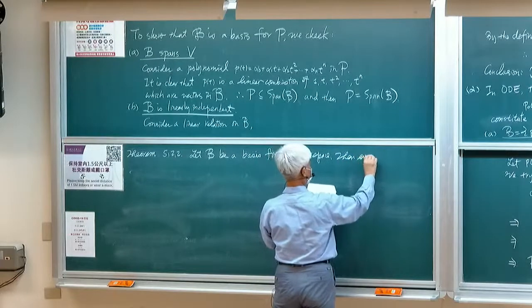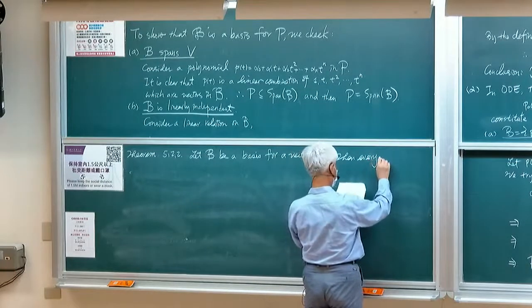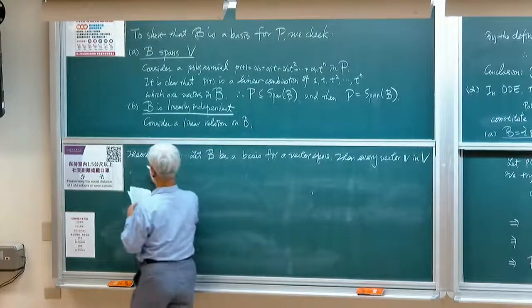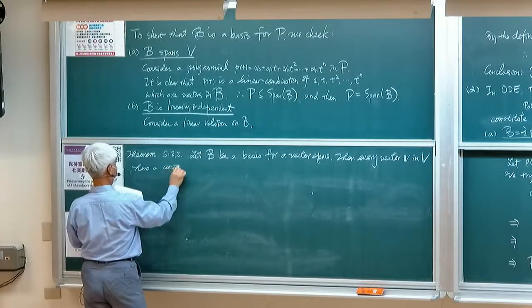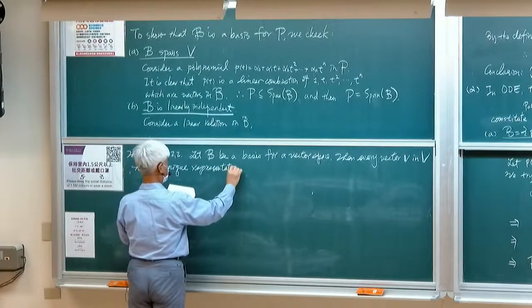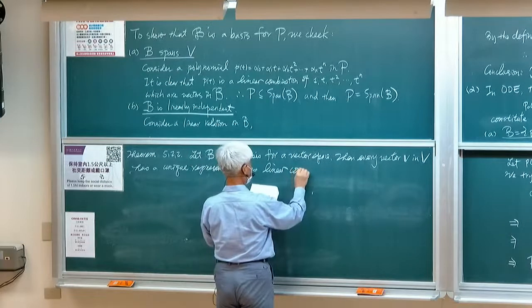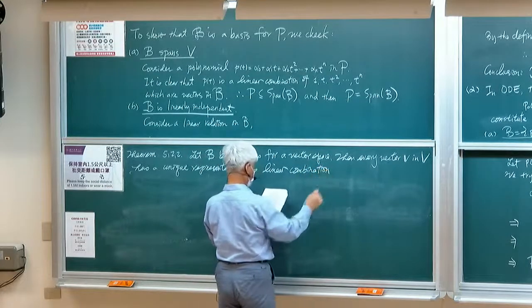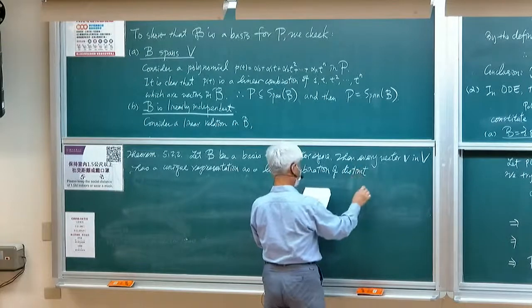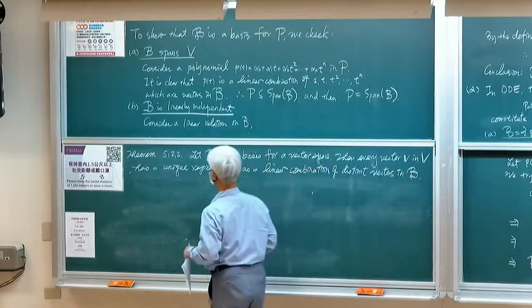Then every vector v in the vector space has a unique representation as a linear combination of distinct vectors in the basis.